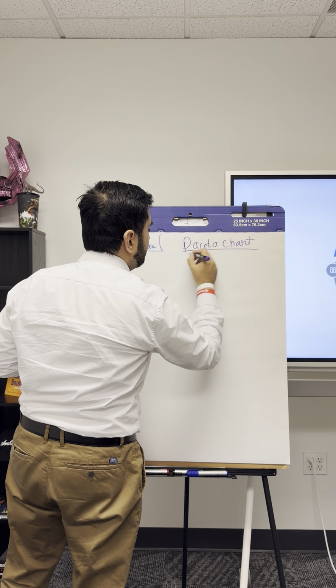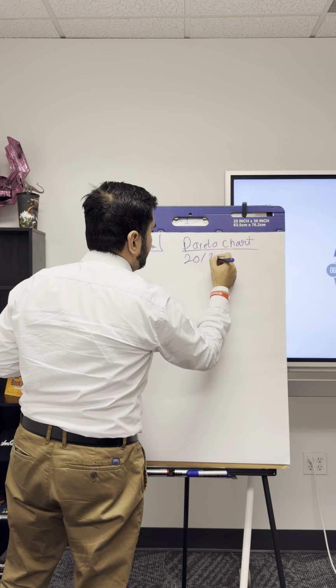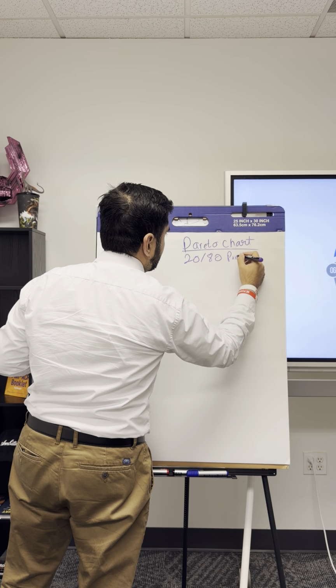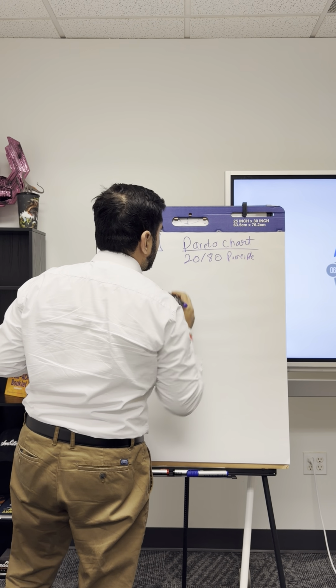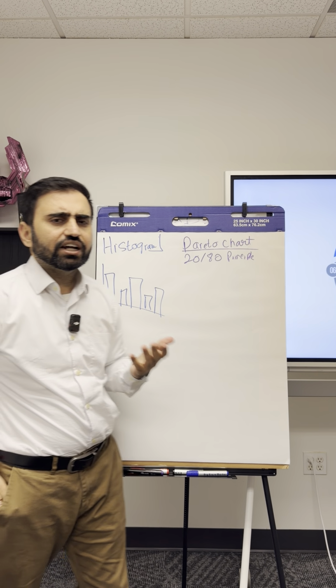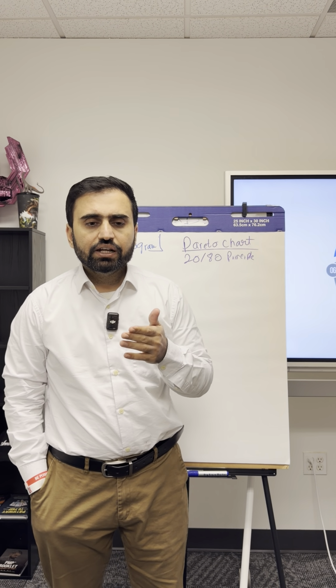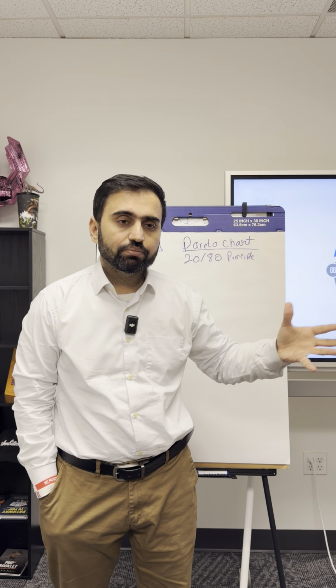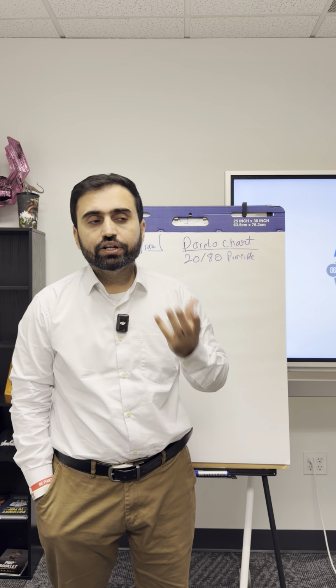The Pareto chart is based on the 20-80 principle. Vilfredo Pareto was an Italian scientist. He said that there are few things that matter most. Vital few, trivial many.